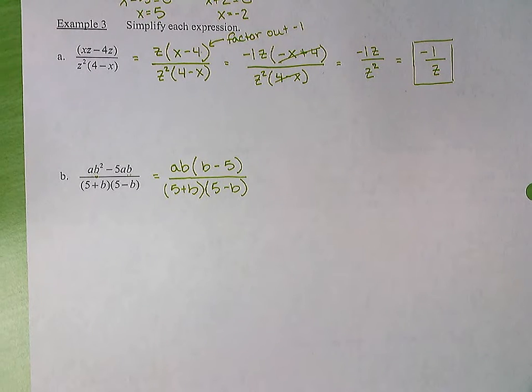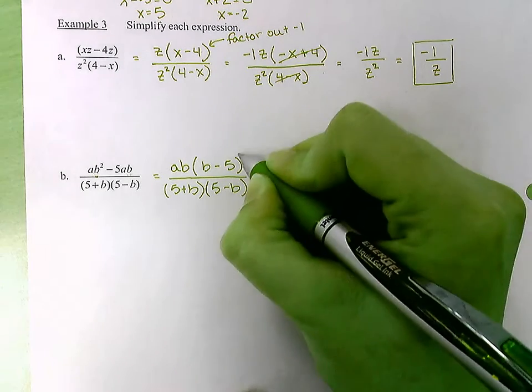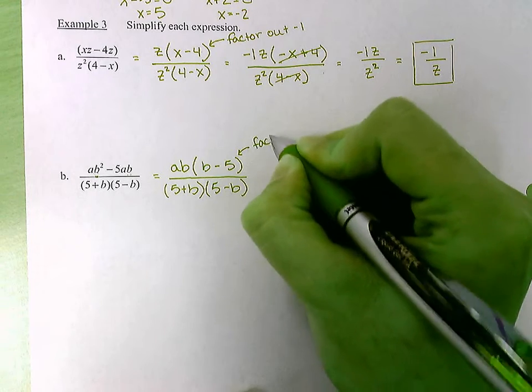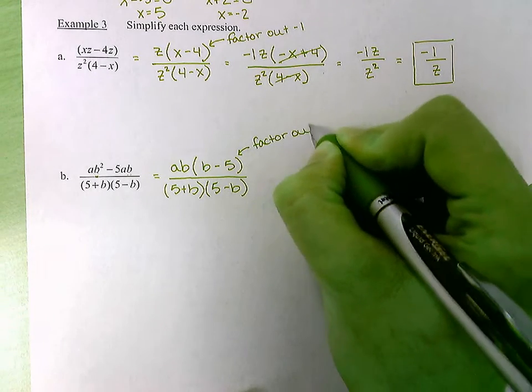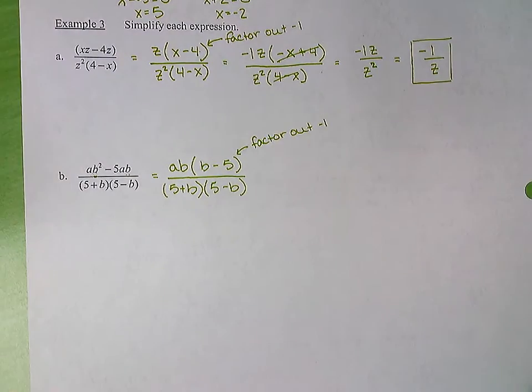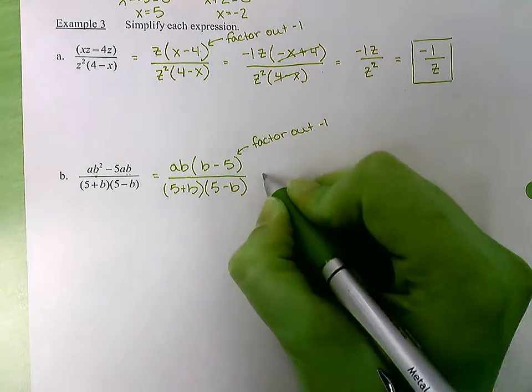And again, just like in letter A, I have a B minus 5 and a 5 minus B. So those don't cancel quite yet. You need to factor out a negative 1, because you want to change the sign on both of those terms.